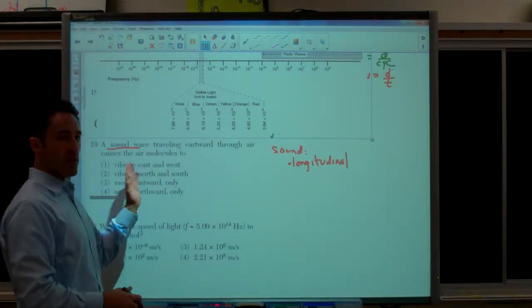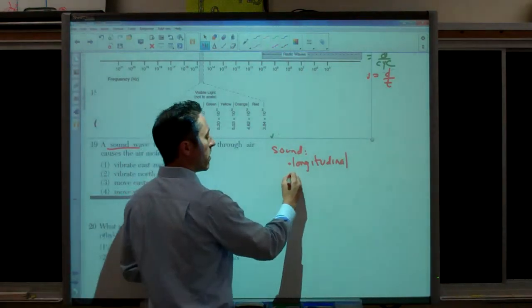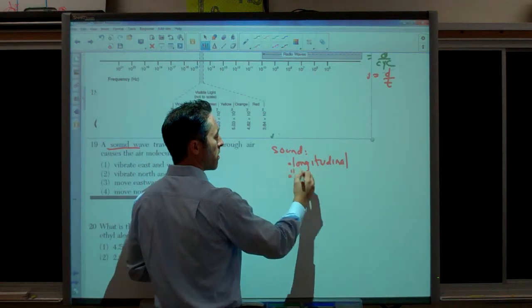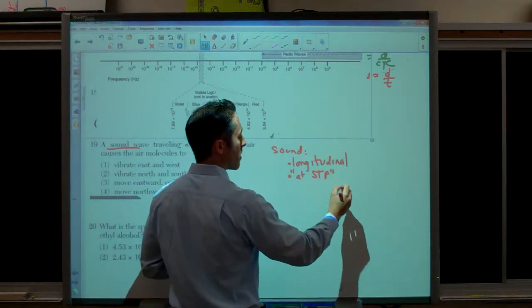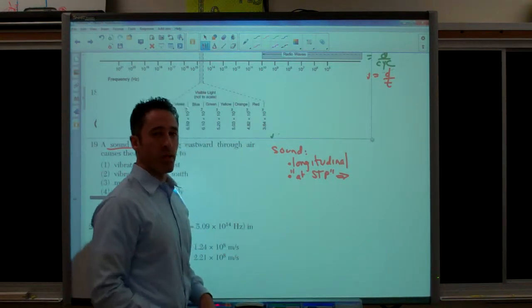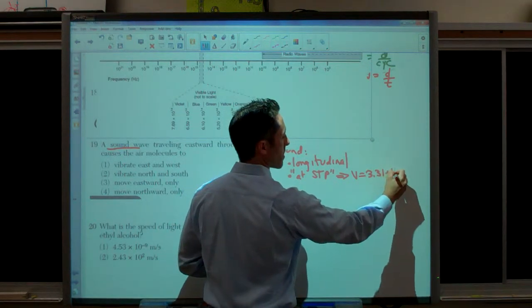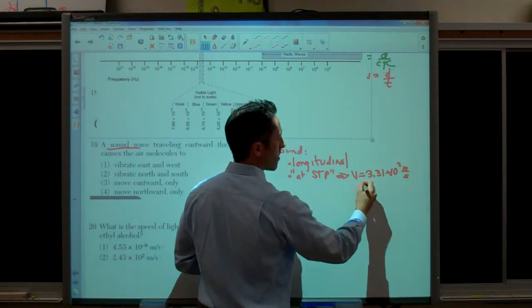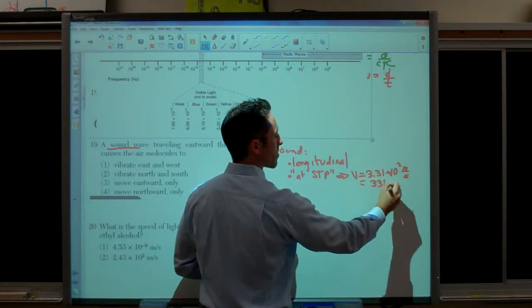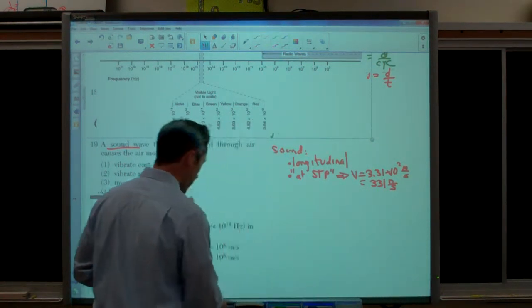They didn't say it here because it doesn't actually matter for this problem. But if you ever see at STP, they're talking about its speed, which is listed on the front of your reference table, 3.31 times 10 to the second meters per second, which, by the way, is just easier to write. It's 331 meters per second.